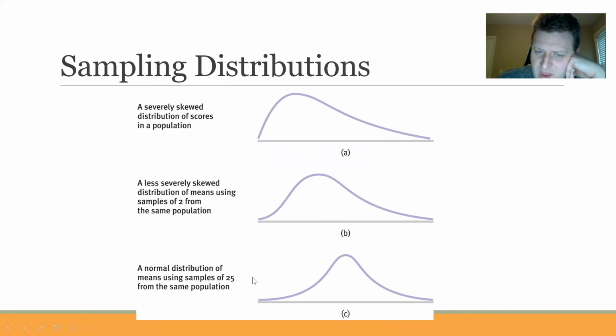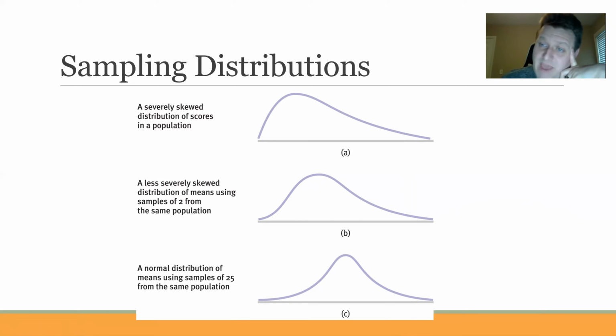Here we have the same data set, but we're sampling 25 subjects as opposed to 2. This is a normal distribution. This sampling distribution is normally distributed, and this is even before we have 30 subjects. So whatever ugly distribution we have, with enough subjects, our sampling distribution is going to be normally distributed, and we can use the normal distribution with our statistics.